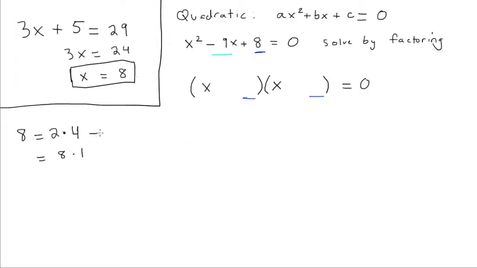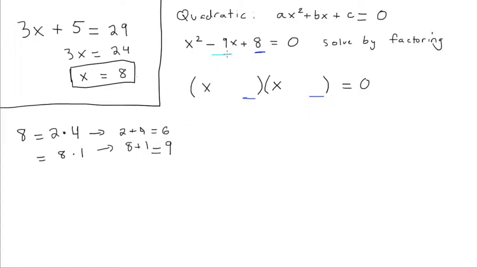Okay, now 2 and 4 is 6, not 9, so that's not going to work. But 8 and 1 do equal 9.